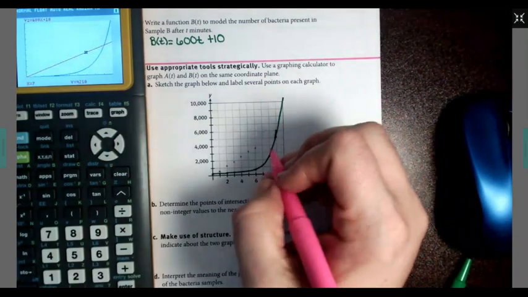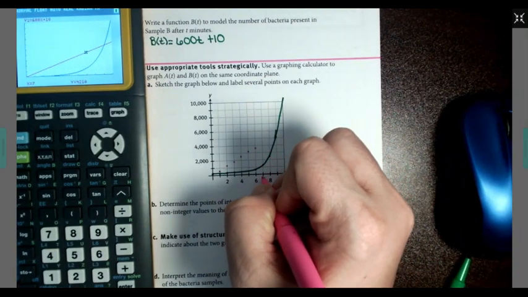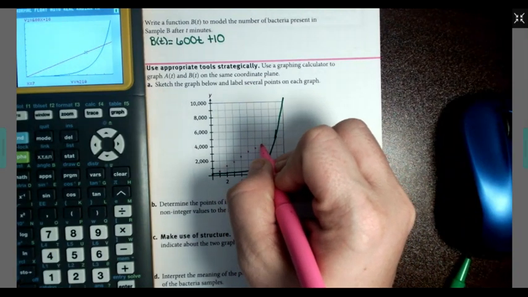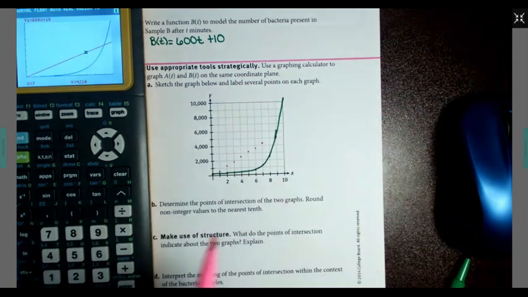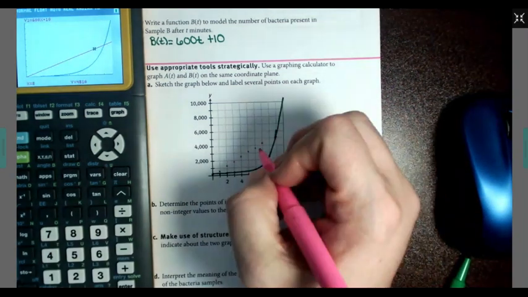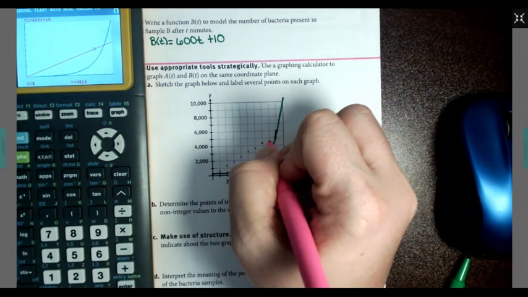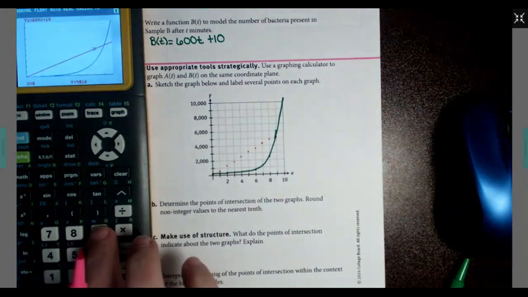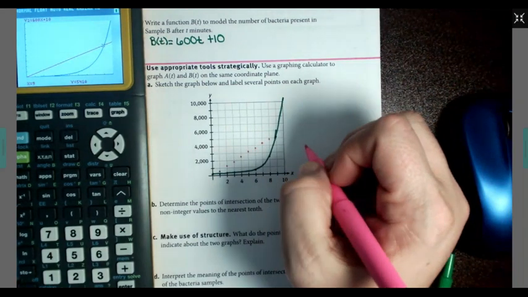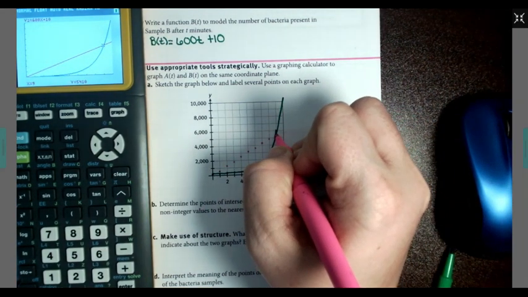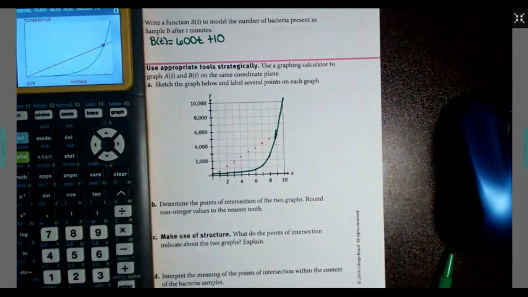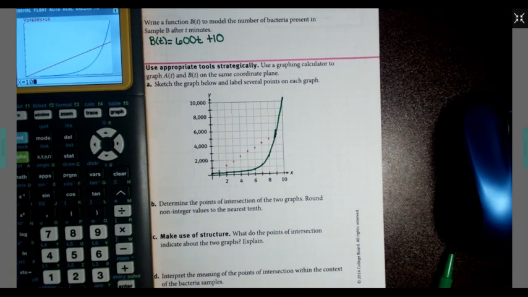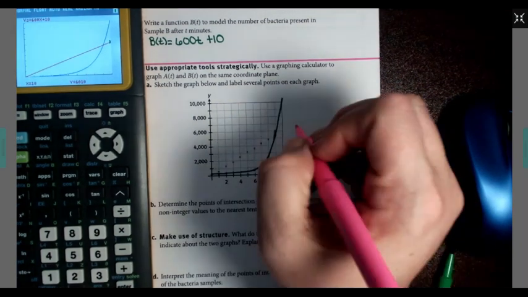At 7, we're at 4210. At 8, we're at 4810. At 9, we're at 5410. And at 10, we're at 6010.